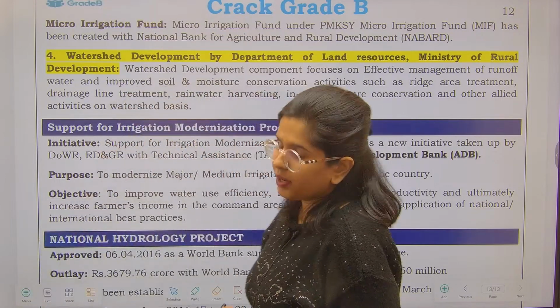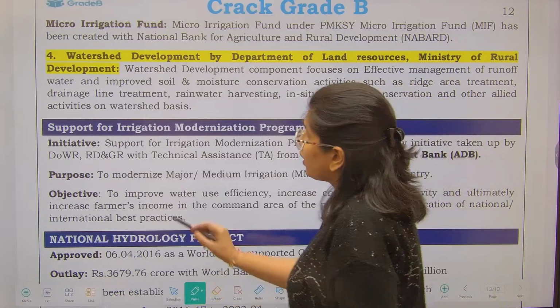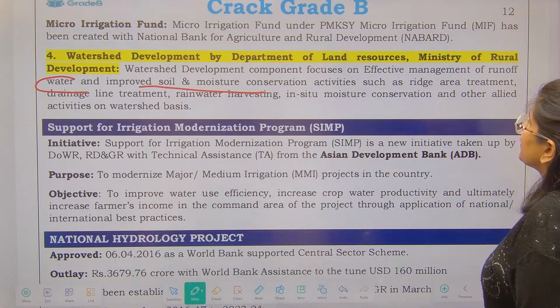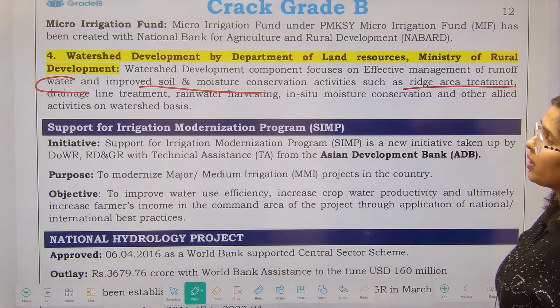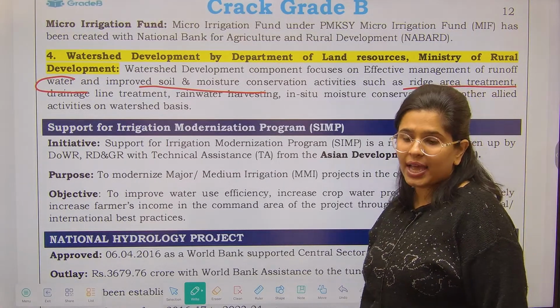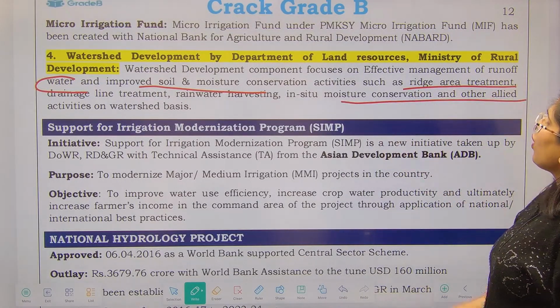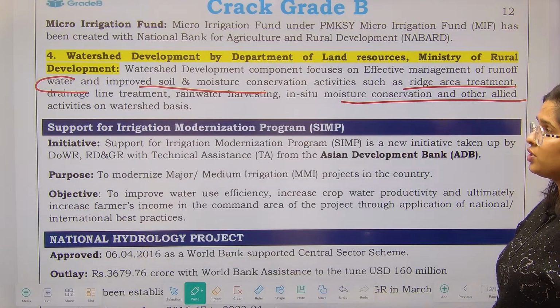So over here watershed development focuses on effective management of the water runoff, okay, and improved soil conservation activities. For example, bridges are created, rainwater harvesting is focused on, in situ soil moisture conservation and other watershed-based activities are also focused on.